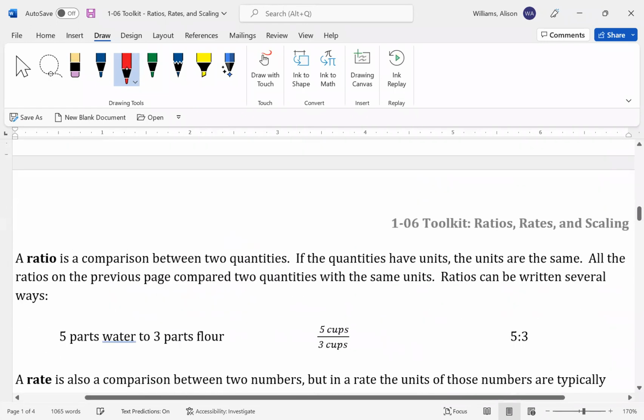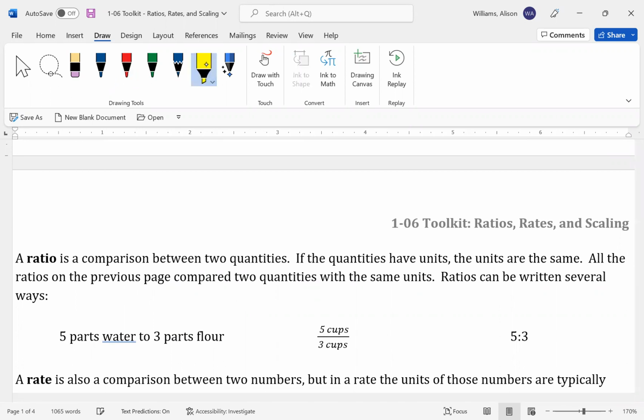All right. So they kind of sum up ratio as that we can write it in a few different ways. We can write it in words. This is typically how we saw them in the problems. Write it as a fraction, write it with a little colon. We can drop the cups. It just kind of depends on how we want to do it. All right.